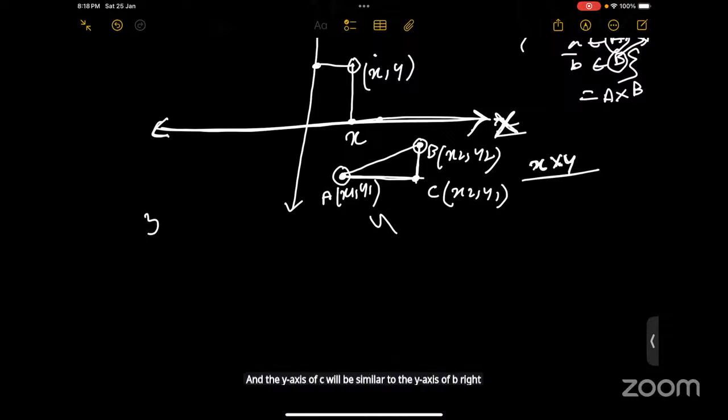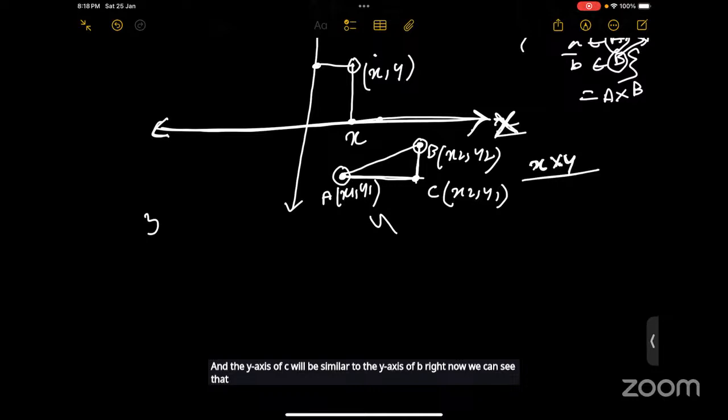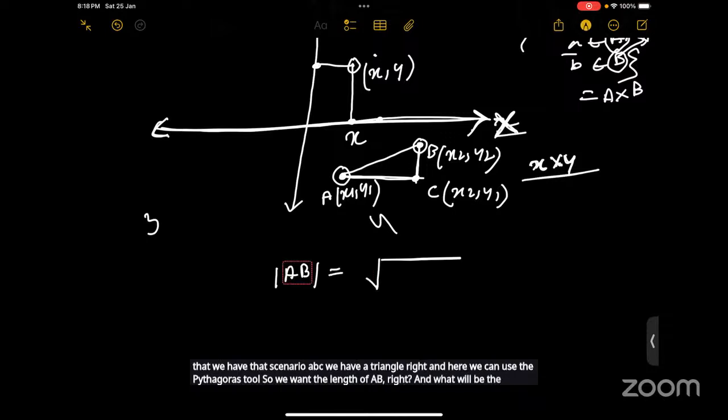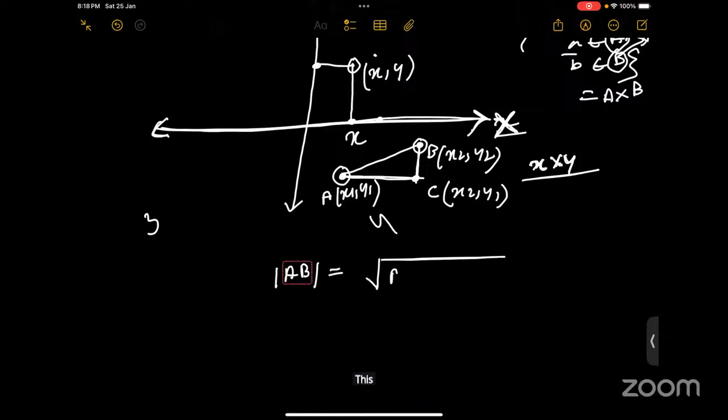Now we can see that we have the scenario ABC, we have a triangle, right? And here we can use the Pythagoras rule. So we want the length of AB, right? And what will be the length of AB? This will be basically the length of BC square plus the length of AC square, right? And once we have the length of BC and AC, we can calculate the length of AB, right?